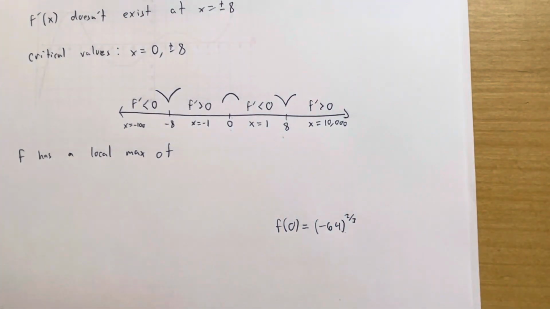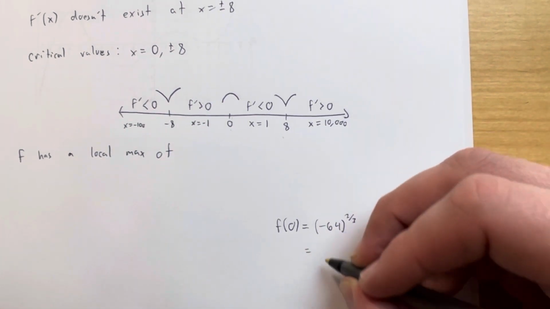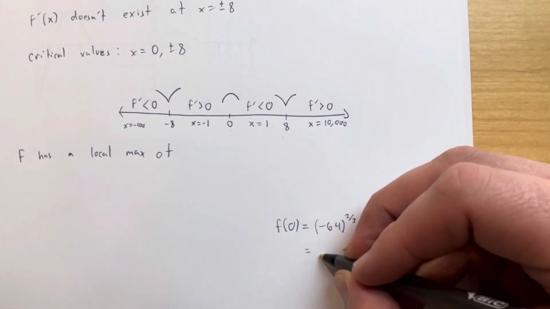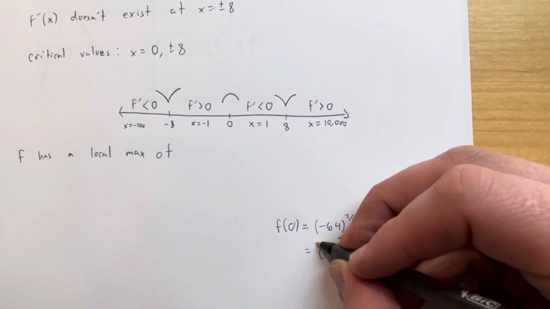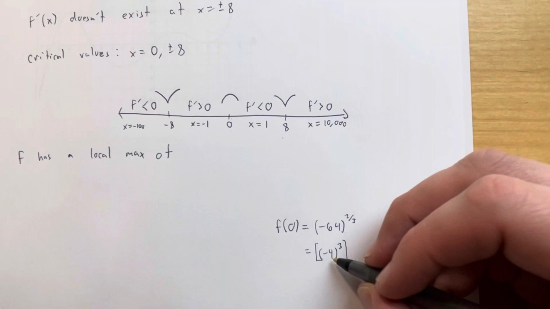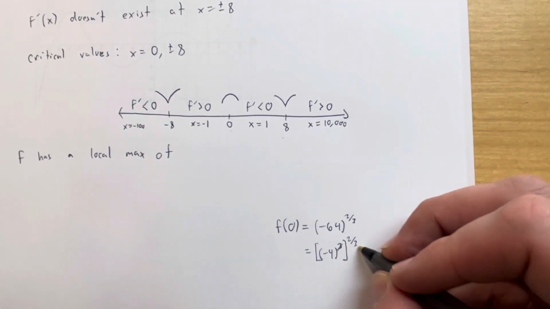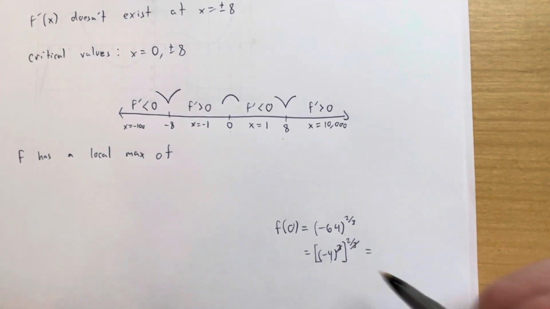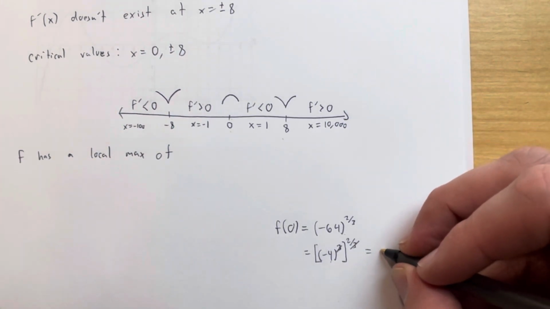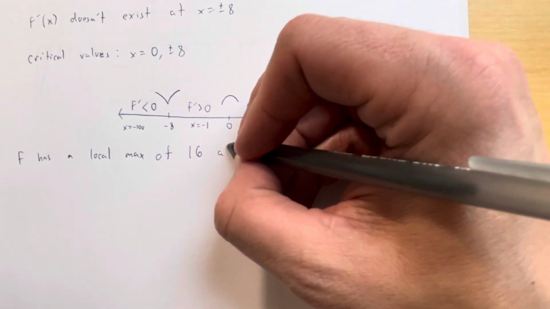Now that might initially seem really difficult to work out until you notice that negative 64 is actually just negative 4 cubed. So really negative 4 cubed to the 2/3 power. Now I can multiply these exponents together to get negative 4 squared, which is positive 16. So f has a local maximum of 16 at x equals 0.